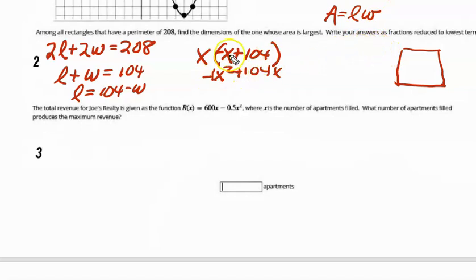We want to find the vertex to get the maximum. So our formula again is negative b over 2a. So b is 104, so negative b is negative 104. A is negative 1, so this is negative 2, which gives us then, for an x value here, one of the sides, 52.